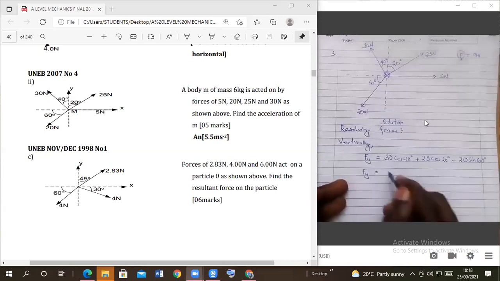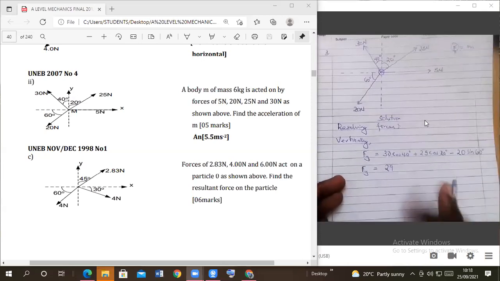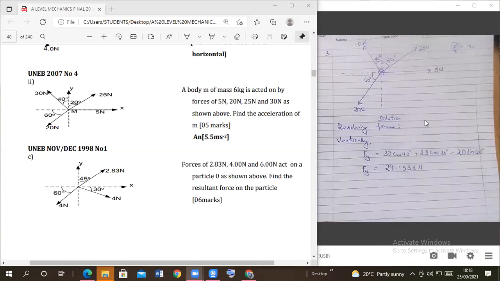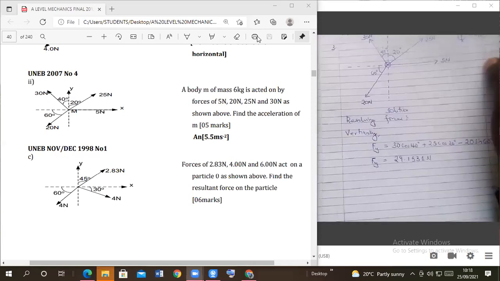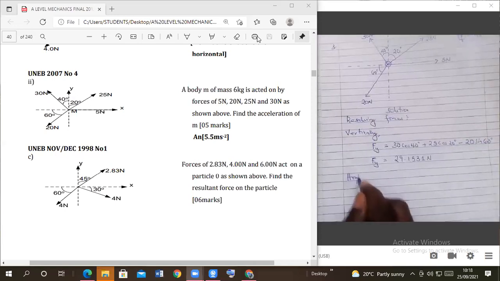So we get 29.1531 Newton. Is that what you have got? Members, is that what you have got as well? Yes. All right.